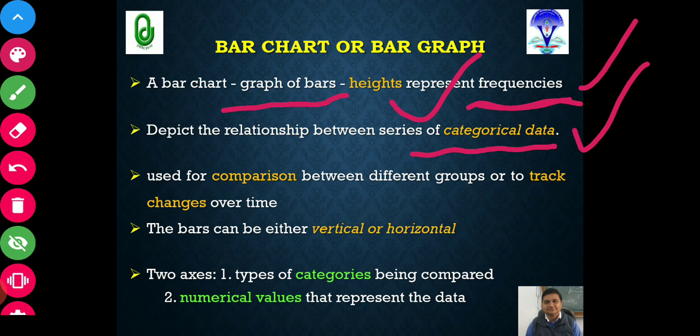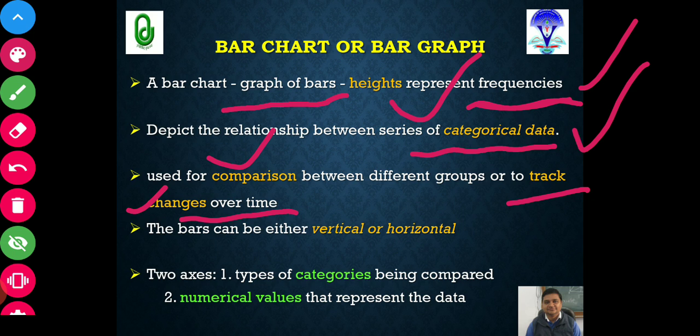So this bar chart or bar graph is prepared only for qualitative data or categorical data. It is used for comparison between different groups or to track changes over time. So why is a bar chart or bar graph used?